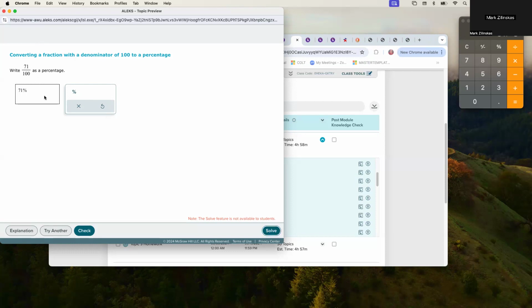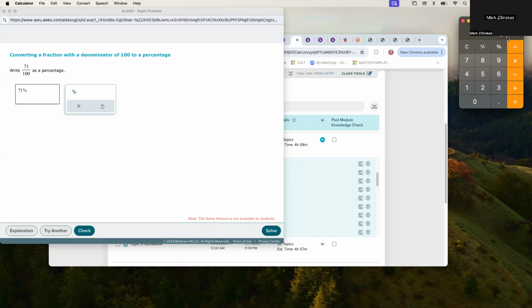And of course, we would use the percentage sign as well. And notice you can have this from this palette here to go ahead and enter that value. Could you use the calculator to do that? Yes, you could. If I would take the 71 and divide it by 100, notice I am going to get the decimal representation of that.